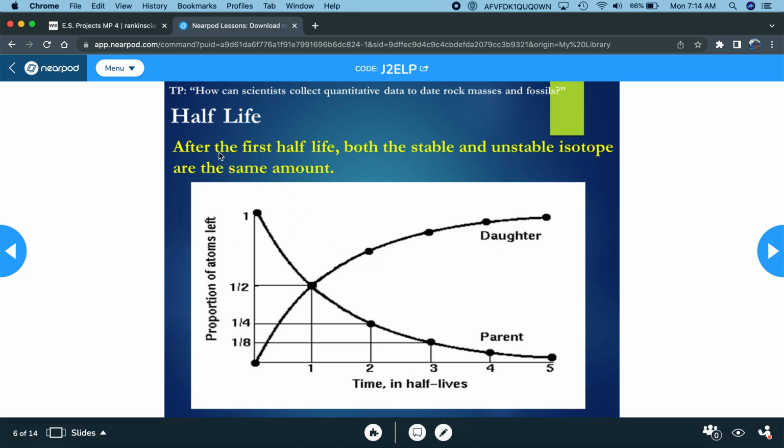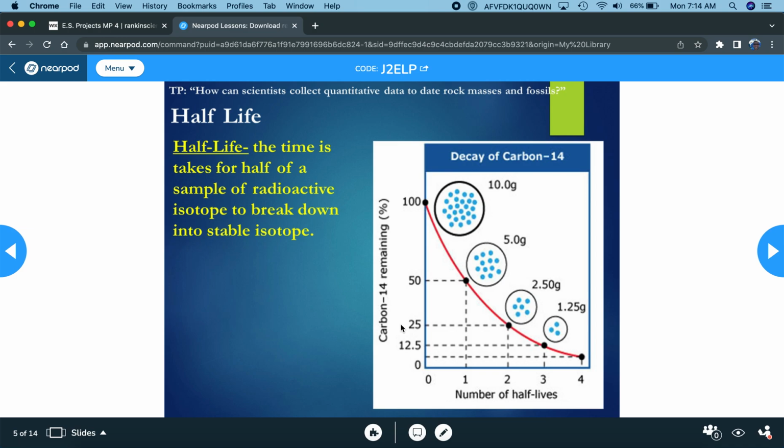Now, this is something pretty cool. After the first half-life, both the stable and unstable isotope are the same amount. So as this substance begins to decay, if you have half, let's say 50% of the original mass here has decayed.